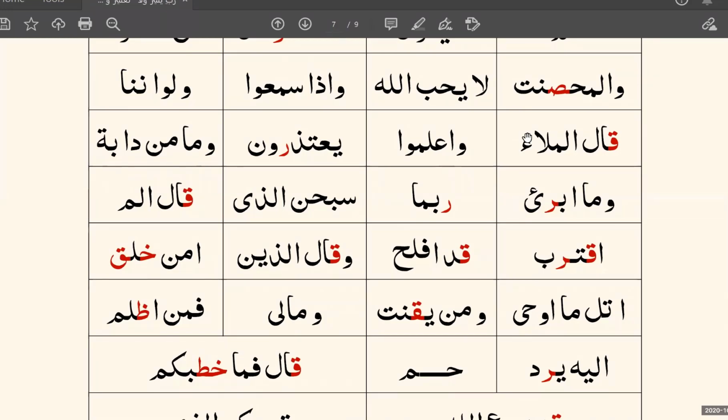Even the Promised Messiah, peace be upon him, has mentioned this in Malfuzat, that people abuse others or call them kafir, disbeliever, because of this, and they make disputes.